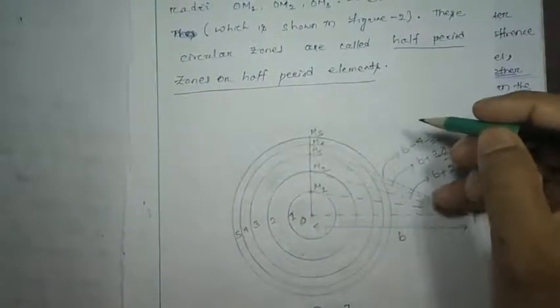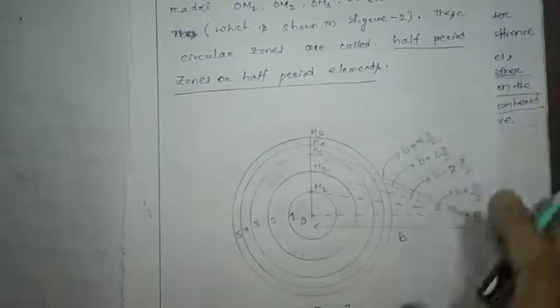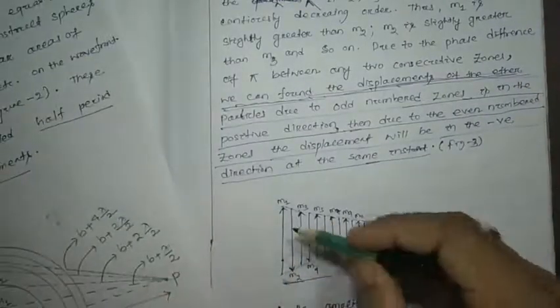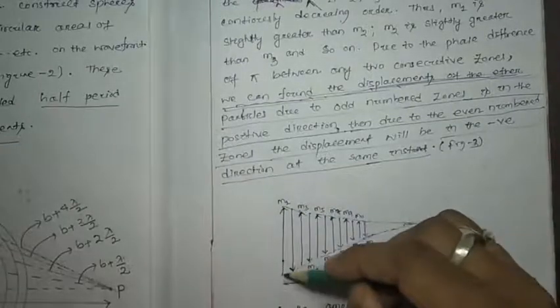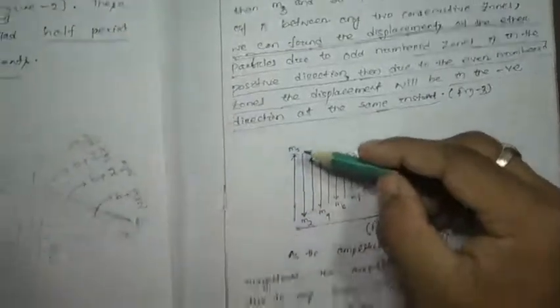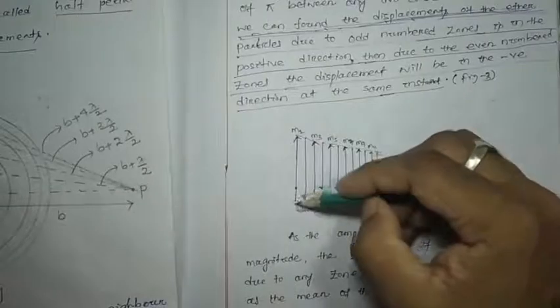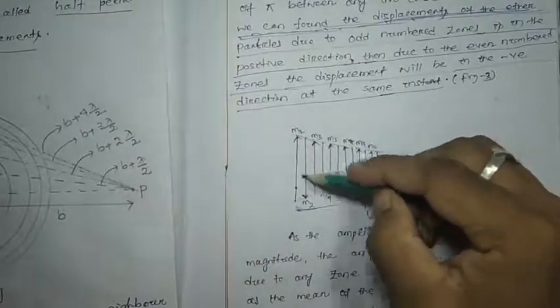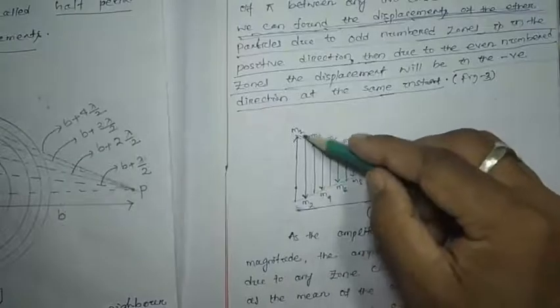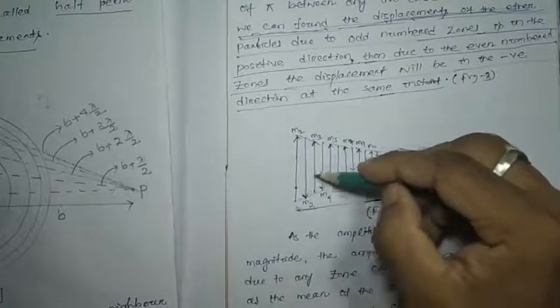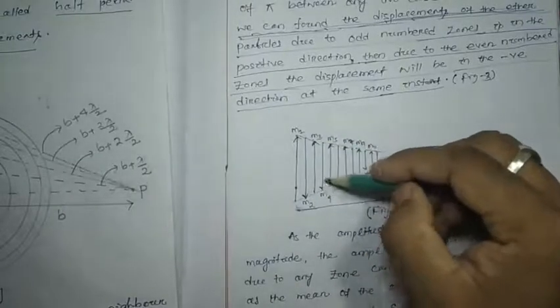That is why we have considered this diagram: the first half period zone has oscillating amplitude M1 in this direction, the second has oscillating amplitude in the opposite direction, the third in this direction, and the fourth in the opposite one.